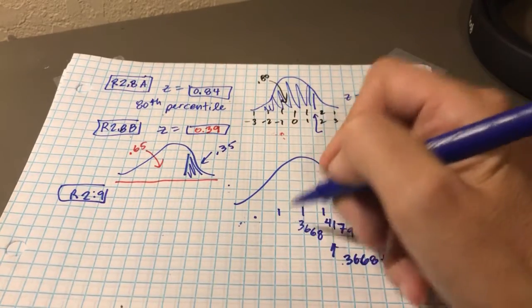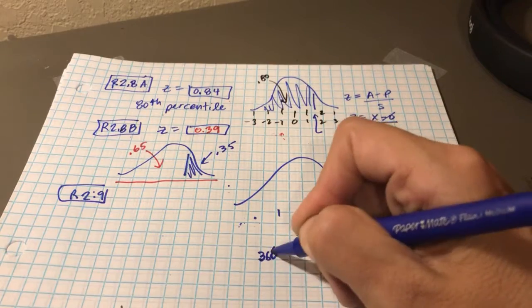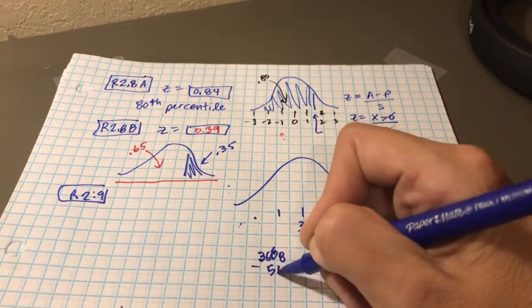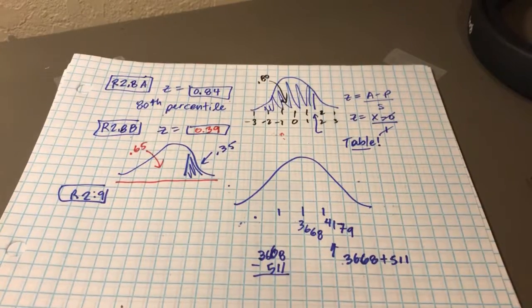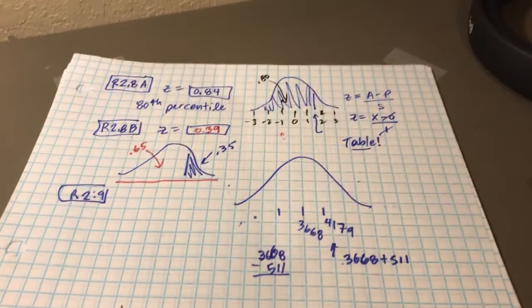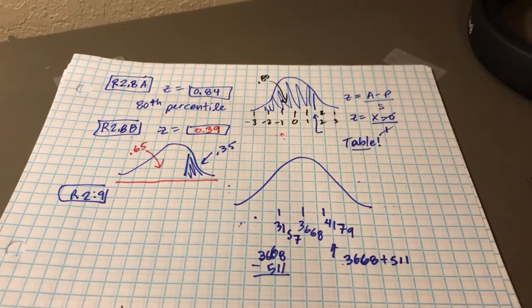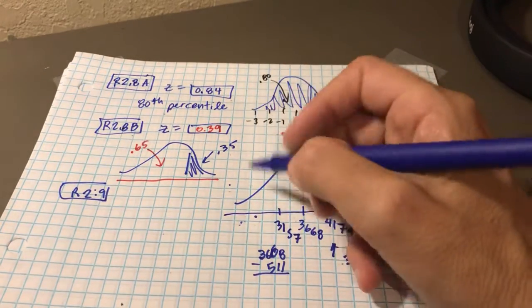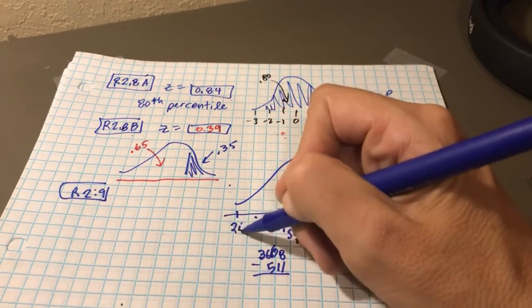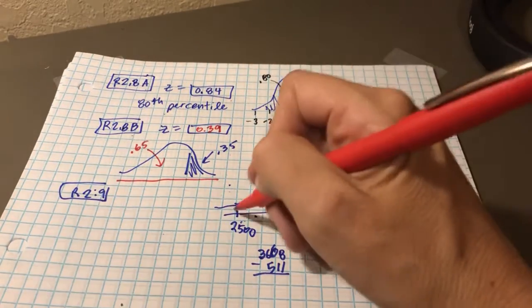And to get this number, we do 3,668 minus 511. Okay, and then it says babies that weigh less than, so somewhere down here, 2,500. So babies that weigh less than this are considered low birth weight.